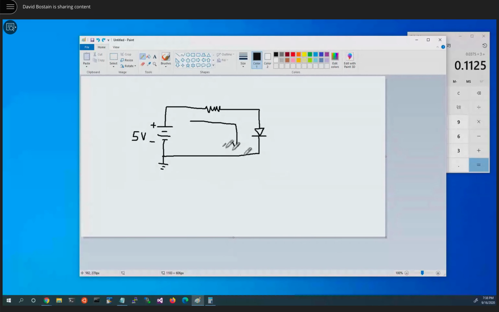So over here, how do we analyze this circuit? We have 2 devices. This does not act like a resistor, but we do know one thing about it, and it does have a name. We'll call it D1. It's the first diode in the circuit. We'll call this R1. It's the first resistor. We'll call this the first voltage source, V1.